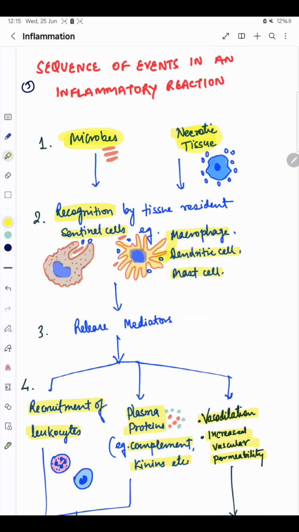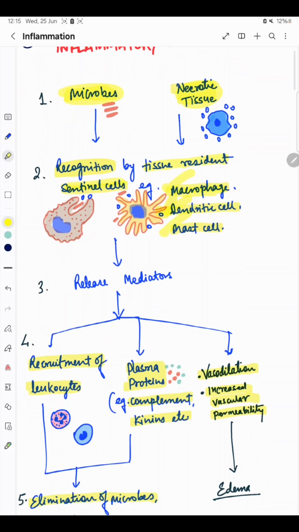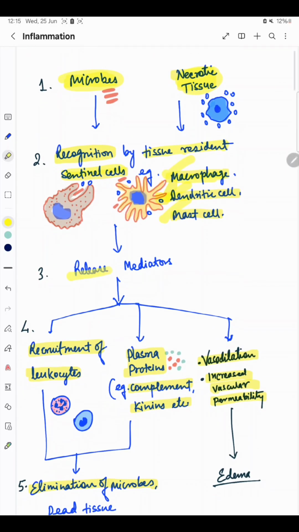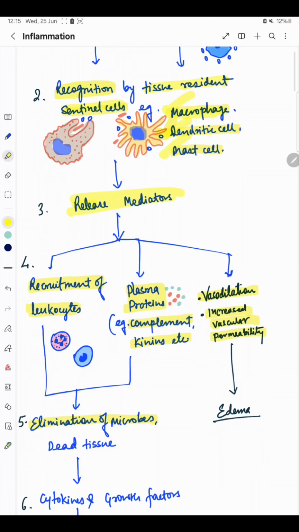They are recognized by tissue resident macrophages, also known as sentinel cells. For example, macrophages, dendritic cells and mast cells recognize these necrotic tissues or infective microbes. After the recognition, they release various mediators which result in various actions.